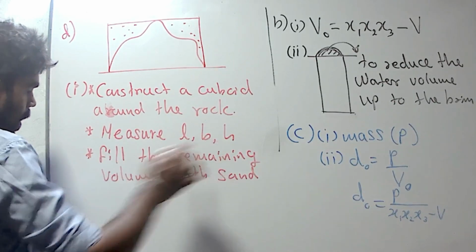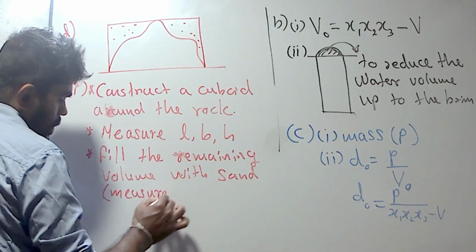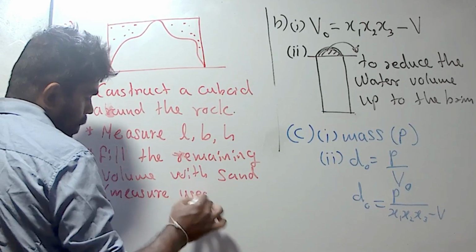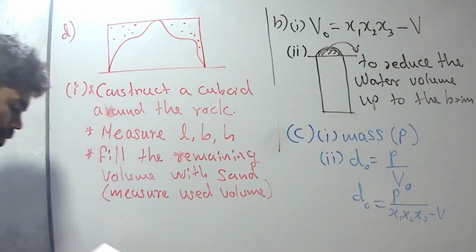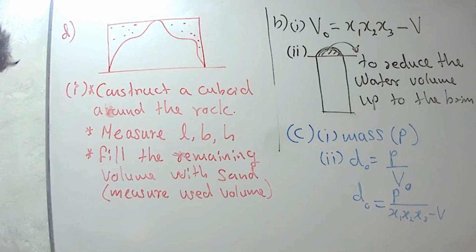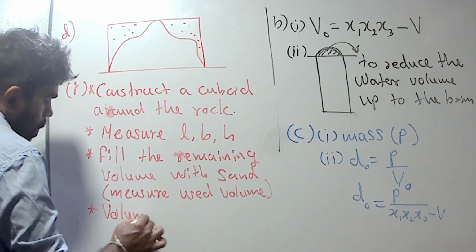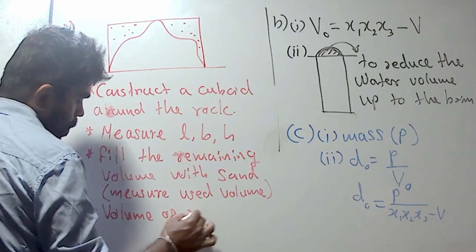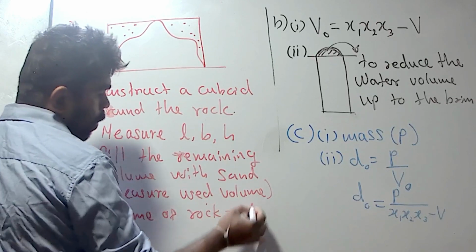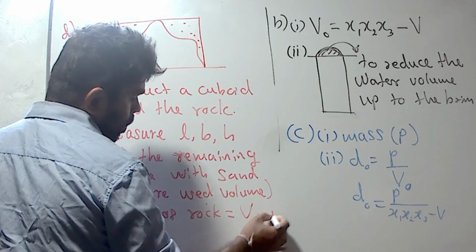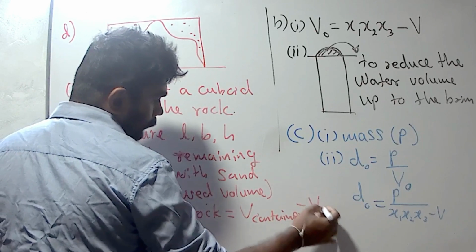When filling, we have to measure the used sand volume. Then we can write volume of rock equals volume of container minus sand volume.